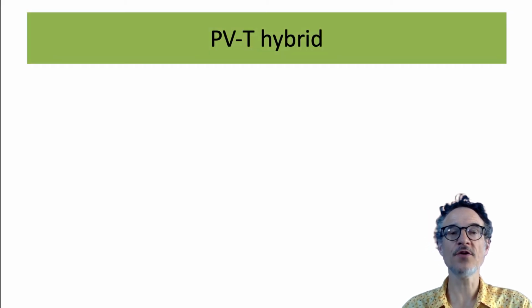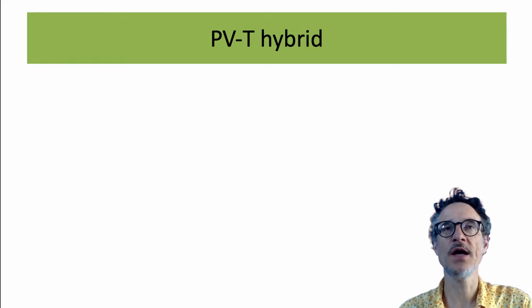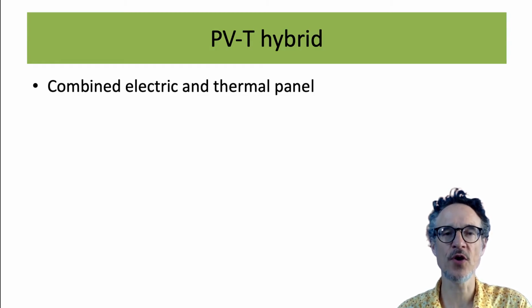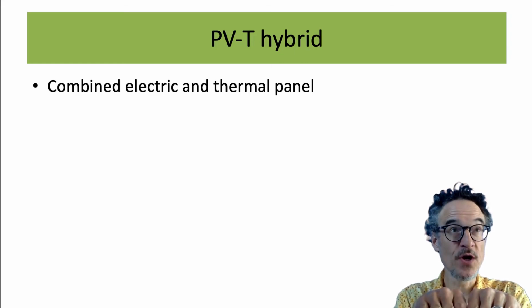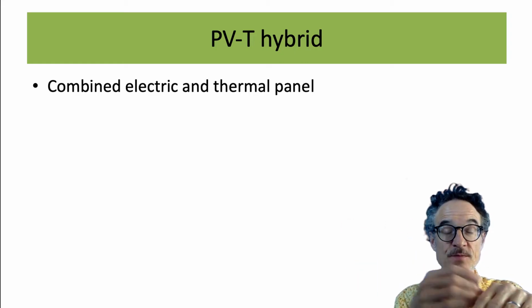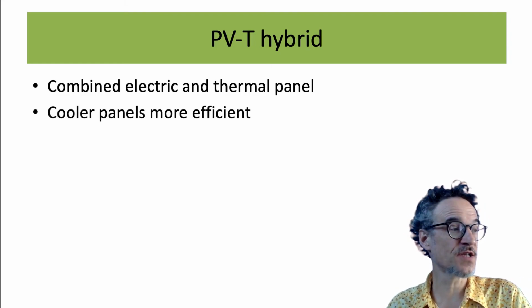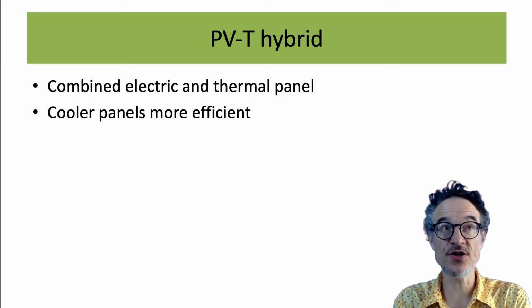Another idea which I'm going to mention but don't really have time to talk about is what's called PVT, or photovoltaic thermal hybrid. It's possible in the same panel to have electricity generation and water flowing through the panel. What this does is it takes heat out, so you get heat as well as electricity.